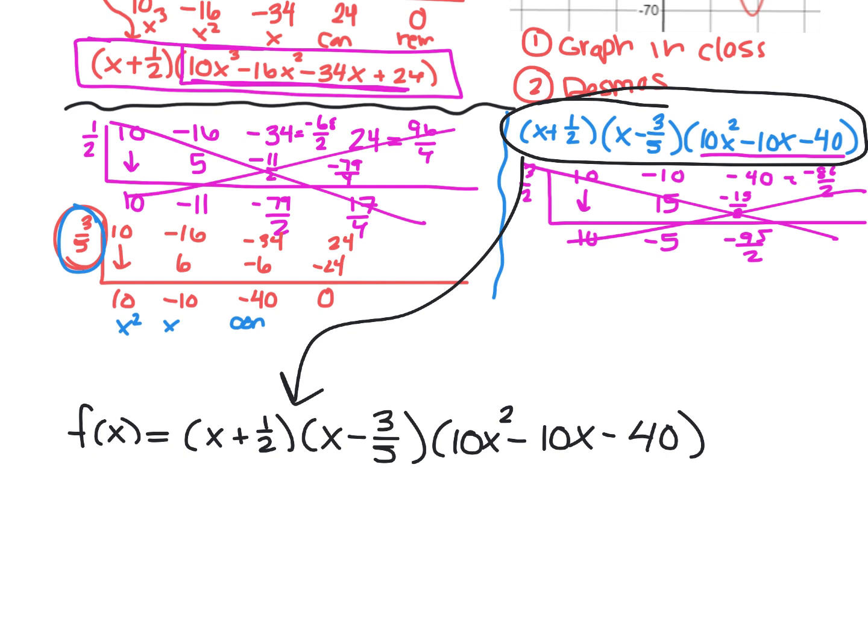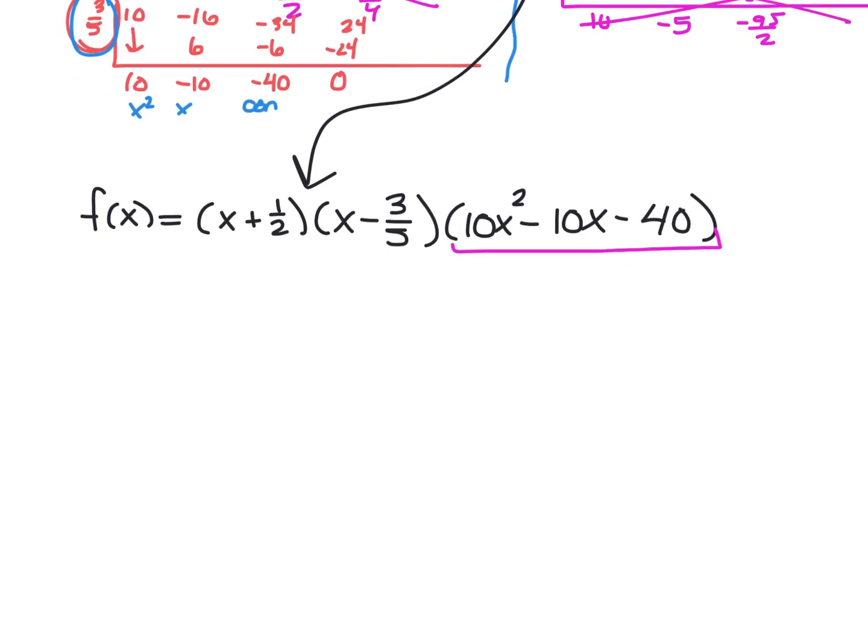And what I'm going to attempt to do here is I'm going to attempt to solve this utilizing a different strategy. So if I think through all of my quadratic solving strategies here, I think through the fact that I could use factoring, but let's see, if I try to use factoring here, if I factor out a 10, which I know I can do, I end up with x squared minus 1x minus 4.